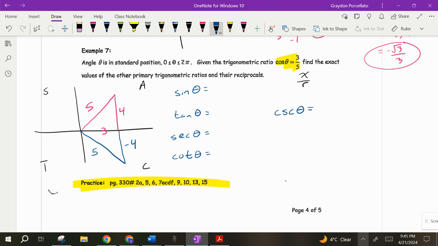That's what it wants here, all these values. So sine theta is y over r. So this is either 4 over 5 or negative 4 over 5. Those will both give me those.